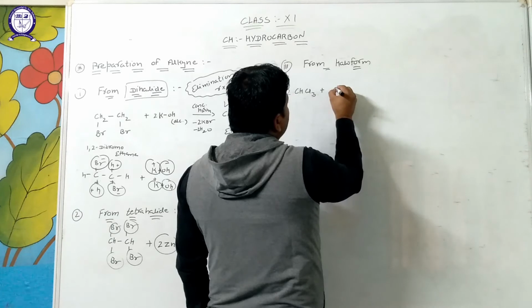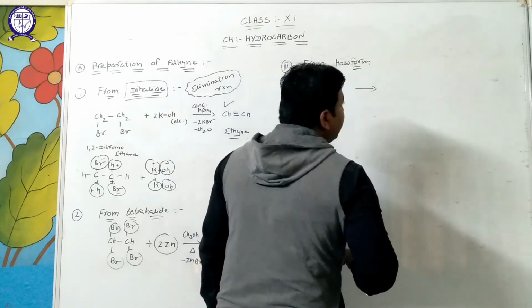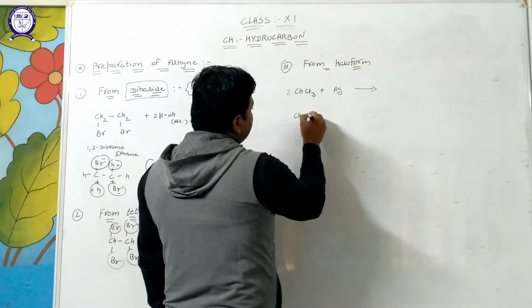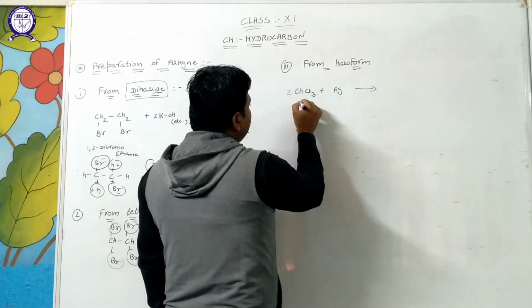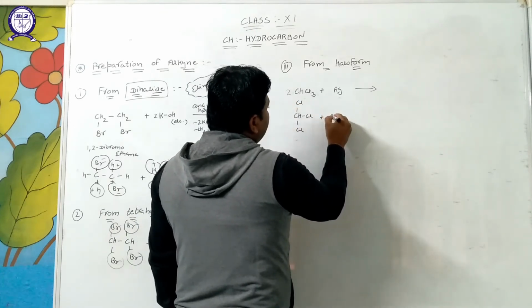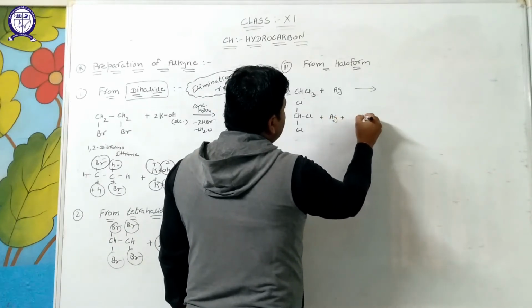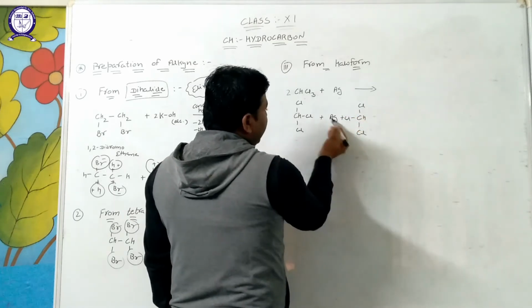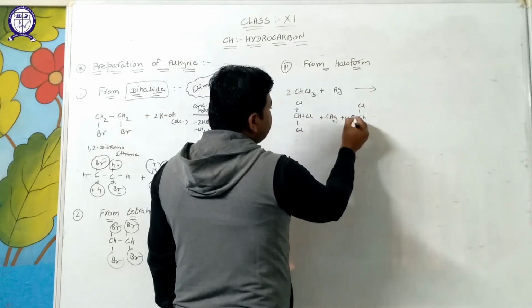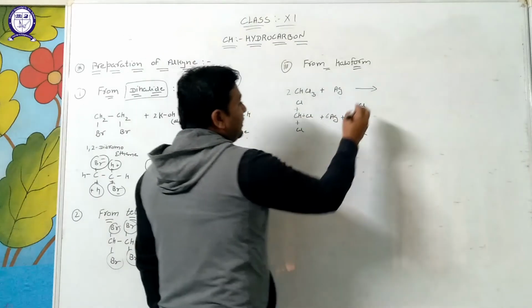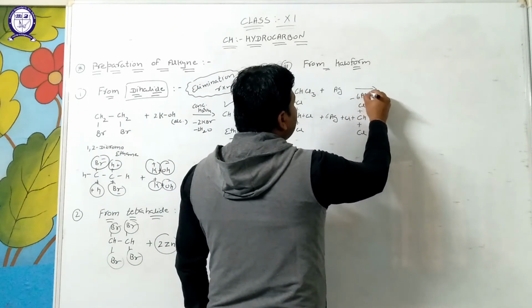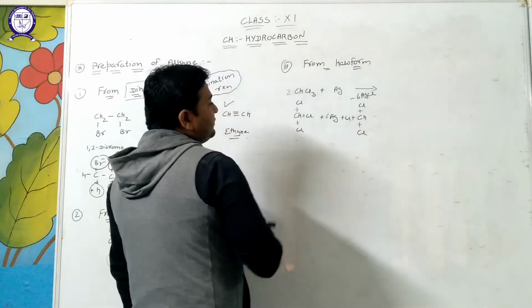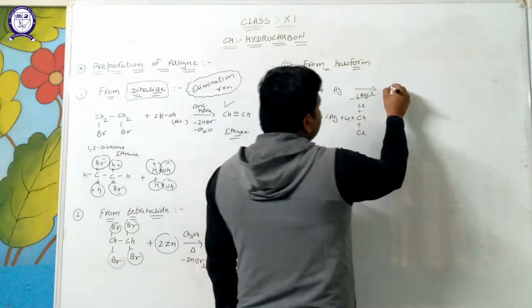CHCl3 reacts with Ag: 1 Ag with 1 Cl, 6 Ag with 6 Cl, and it releases 6 AgCl.